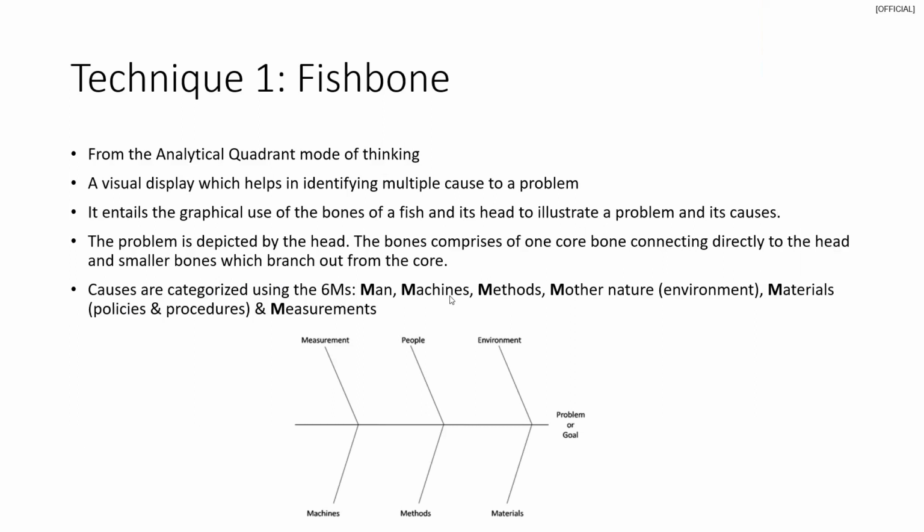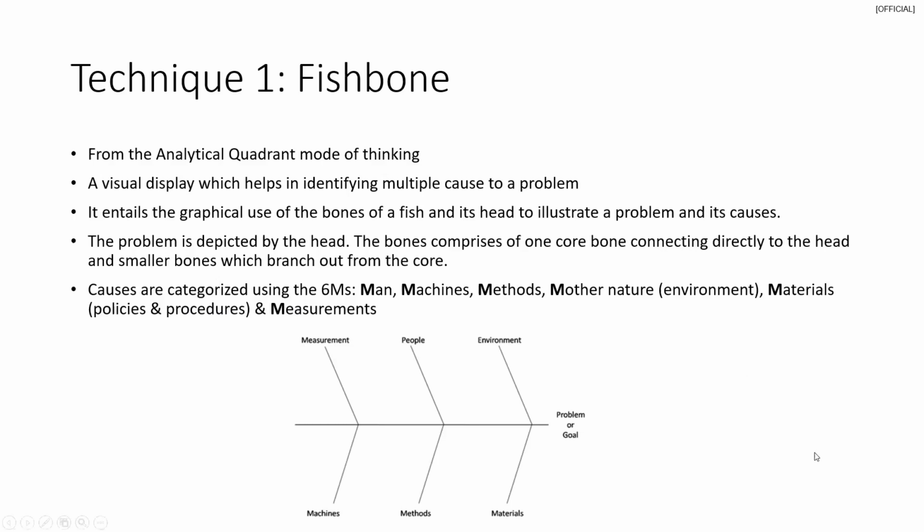So it will be man, machines, methods, mother nature, referring to the environment, and then the materials, as well as measurements. So apologies, the policies and procedures, normally they fall under methods and not material. So that is basically the description of a fishbone.